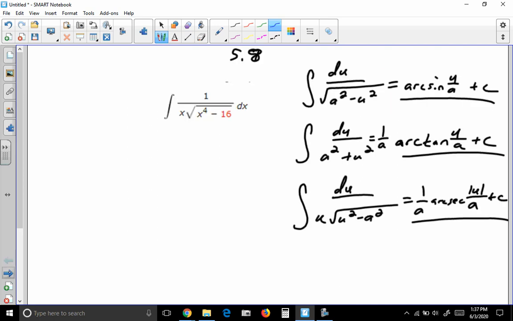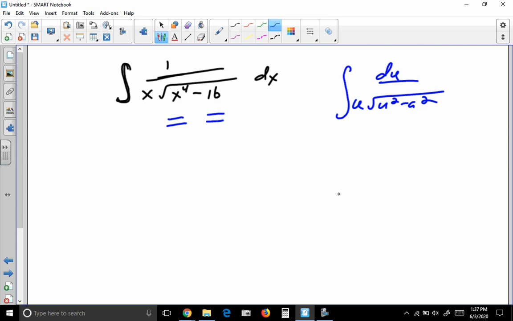This bottom one. So if that's what we need, then u squared is going to be x to the 4th. If we take the square root of both sides, that would mean u is x squared. a squared is going to be this number, 16, which means that a would be 4.